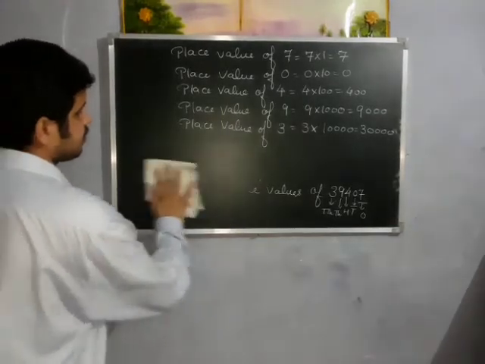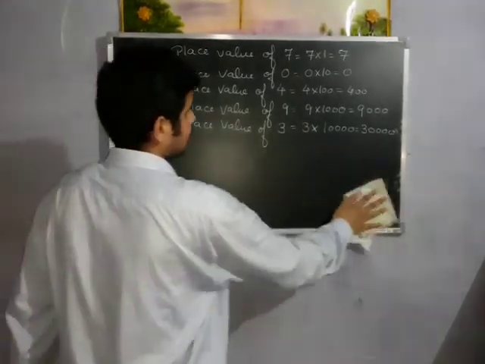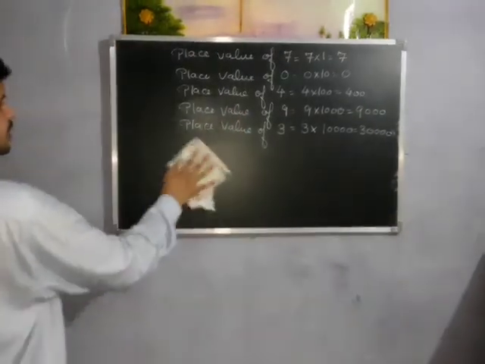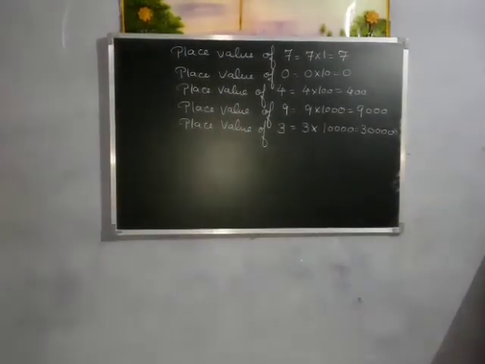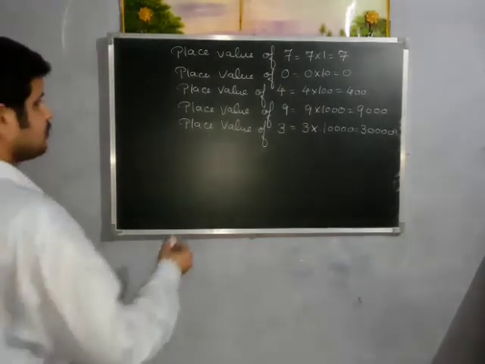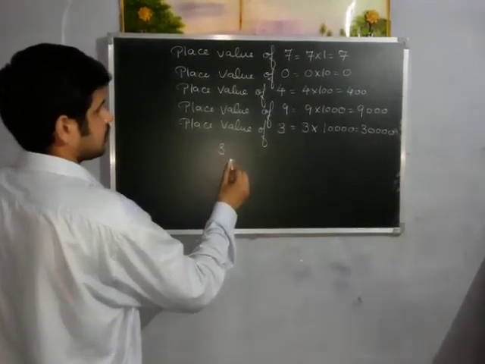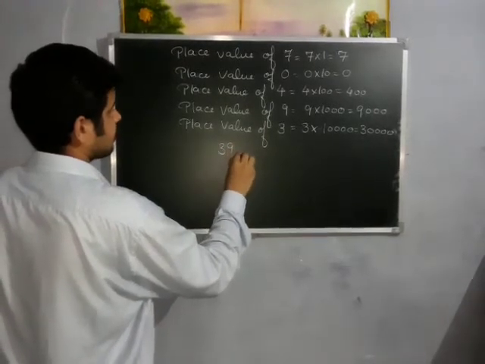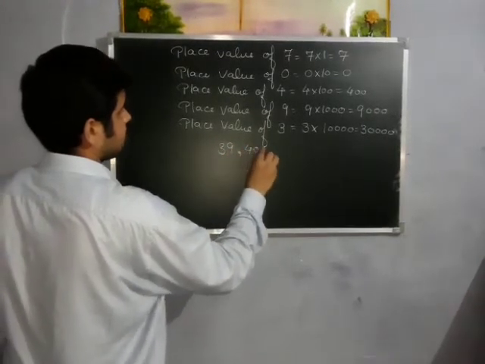Okay students, now the third step. In the third step we will discuss how to expand this number. The number is 39407.